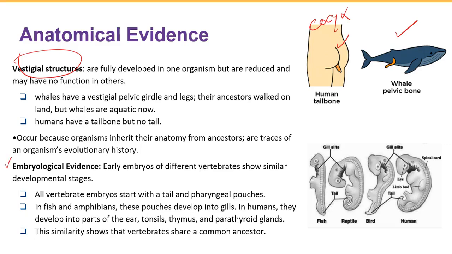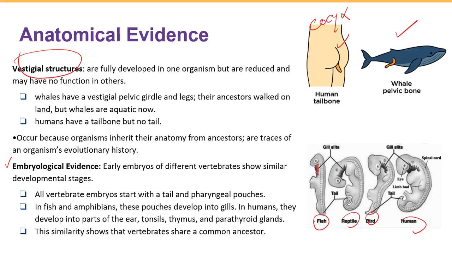Next, embryological evidence, looking at how animals develop before they're born. Early embryos of vertebrates like fish, bird, humans look very, very similar. Look at this: an embryo of fish, reptile, bird, human. Very similar, right? They all have a tail and also pharyngeal pouches.